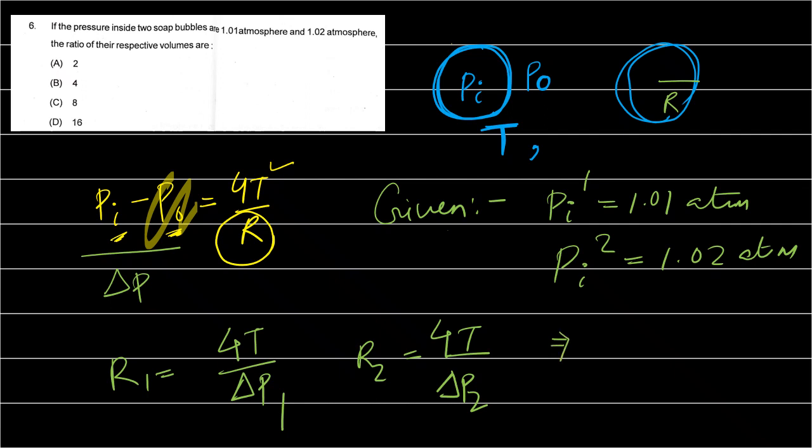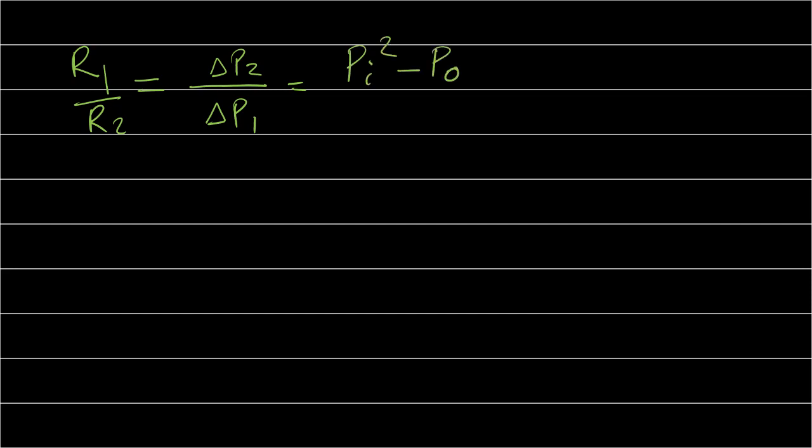That implies R1 upon R2 is delta P2 by delta P1, which is equal to P inside of 2 minus P atmospheric, divided by P inside of 1 minus P atmospheric.